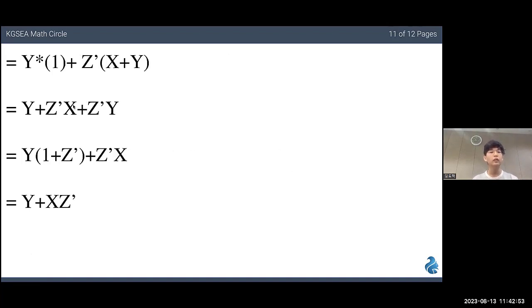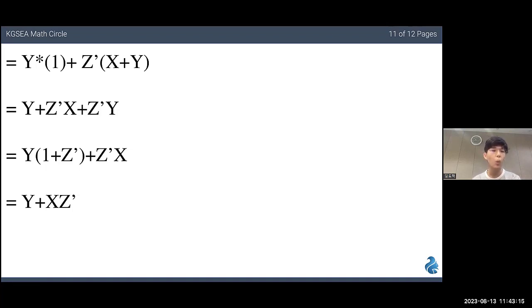Since not X or 1 will always equal 1, as 1 or anything is 1, it can be further simplified into Y or (not Z and X) or (not Z and Y).